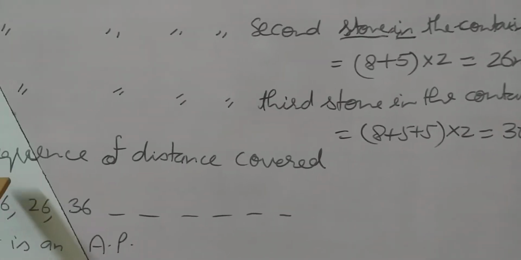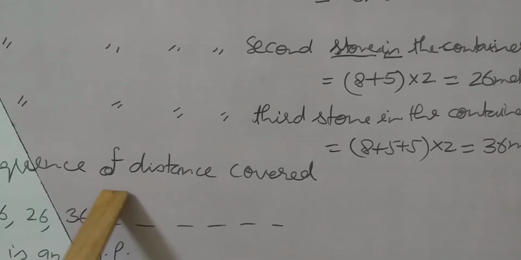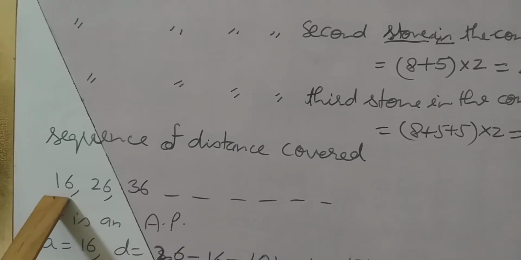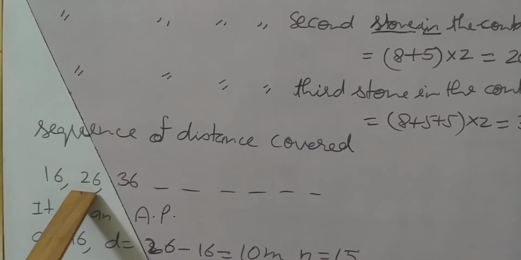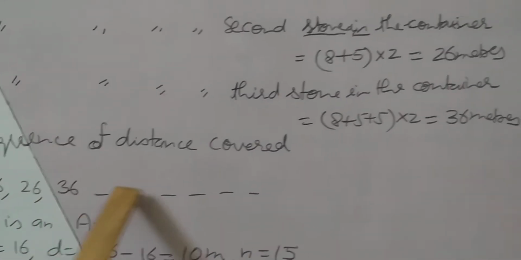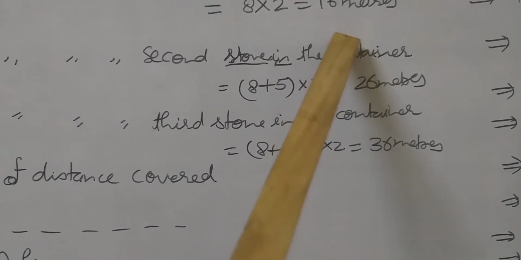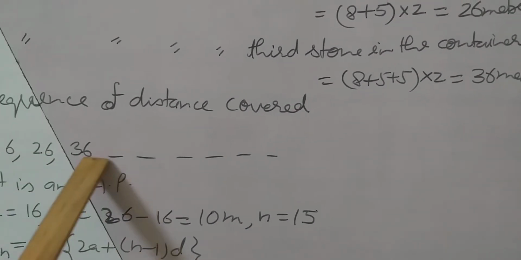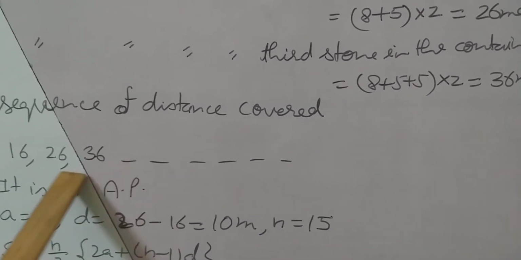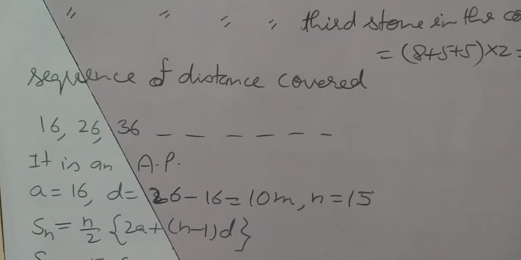Now students, check the sequence of distances covered: for the first stone 16 meters, second 26 meters, third 36 meters. You can see the difference is 10. It means it is an AP.